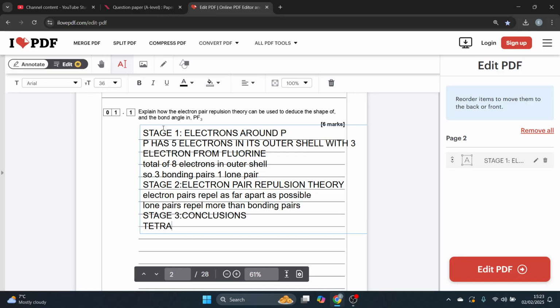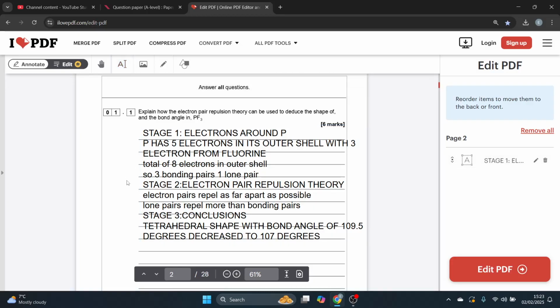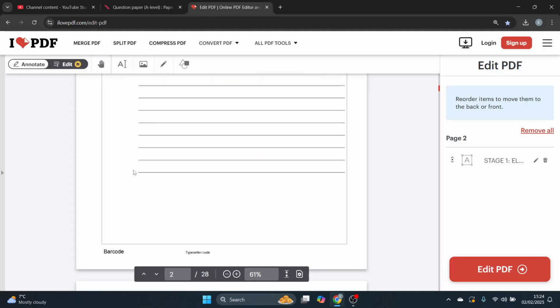It's got a tetrahedral shape with a bond angle of 109.5 degrees, decreased to 107 degrees because of that lone pair of electrons, which decreases bond angles by 2.5 degrees.